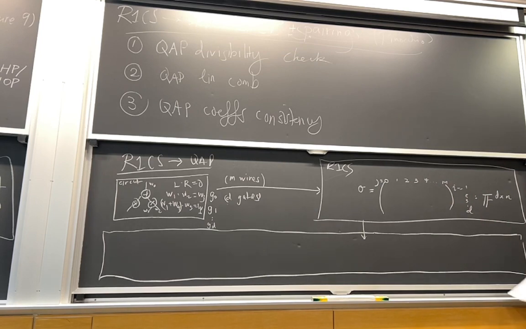So another way of saying this is that O_{i,j} is the coefficient of the jth variable at the output wire of gate i.